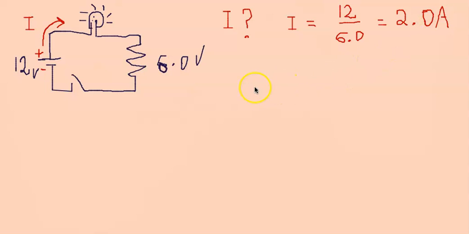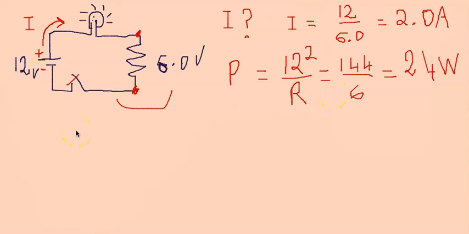Now, what is the power? What is the power at the resistance? We have the difference of potential in this case, which is 12. If you want to calculate the power at this stage, it is 12 squared over resistance, and that will give us 24 watts.